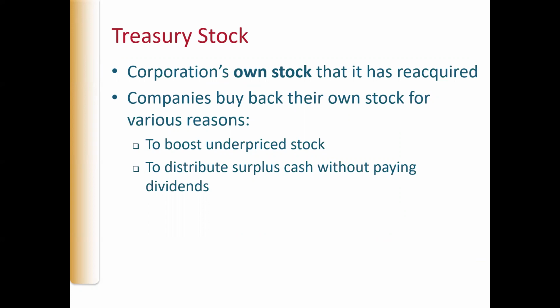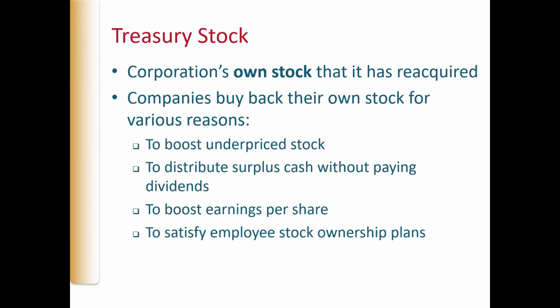If they purchase stock, it will help reduce the shares that are outstanding. And if you think about it, if there are fewer shares out in the public, it is going to increase their earnings per share. Employee stock ownership plans are also a beneficial way in which they will purchase the treasury shares to get the stock they need for compensation.